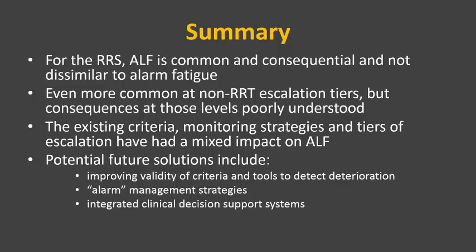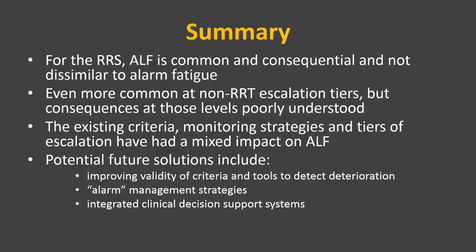So in summary, for the rapid response team, afferent limb failure is common and it's consequential, but more so in the lower tiers. We don't quite know what the consequences are in those lower tiers, but the assumption is that there are some consequences. The existing criteria and our monitoring strategies, as well as some of the structured tools that we use, have had a mixed impact on afferent limb failure and may not be our sole solutions.